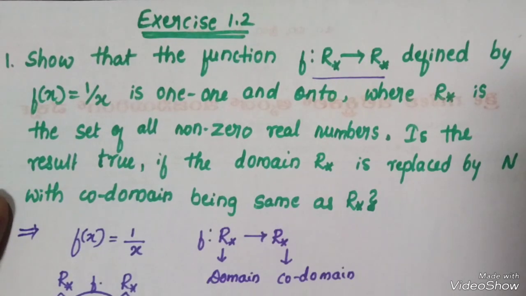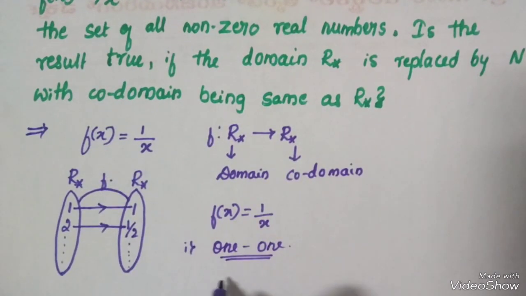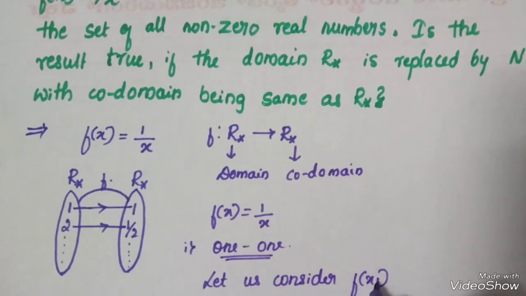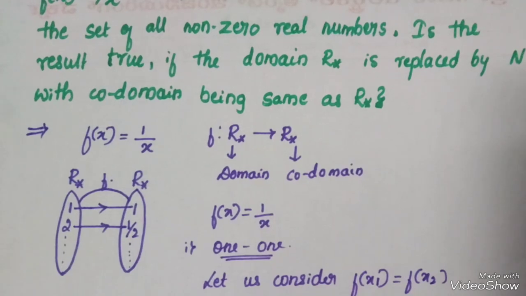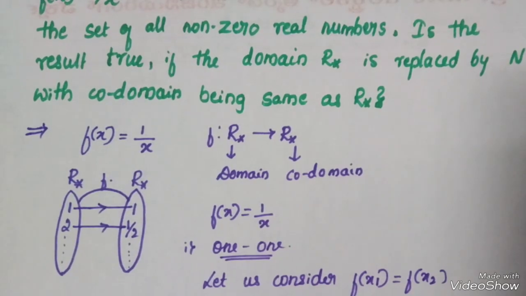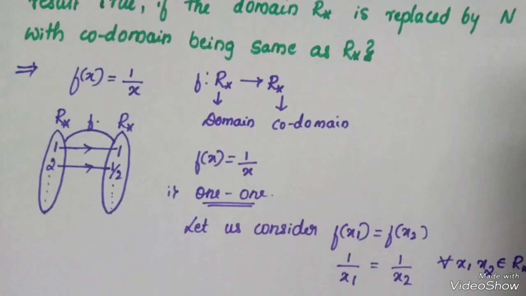Now, the first condition, the one-one condition. We have to write it theoretically. Let us consider f of x1 equals f of x2. Here put x equals x1, that is 1 divided by x1 equals 1 divided by x2, for every x1 and x2 belonging to R star. Whatever x1 and x2 values are taken, both are real numbers in R star.